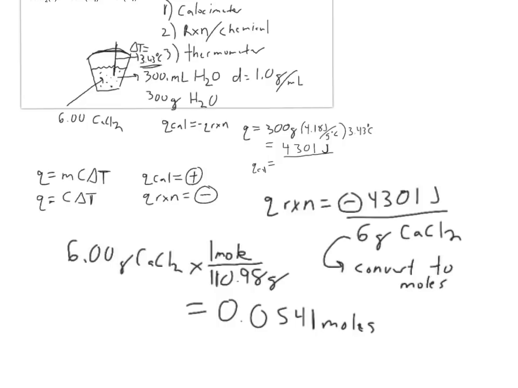So to find the enthalpy of the reaction, you divide this number by the molar amount, and that will give you the enthalpy in the format it should be, which is per mole.